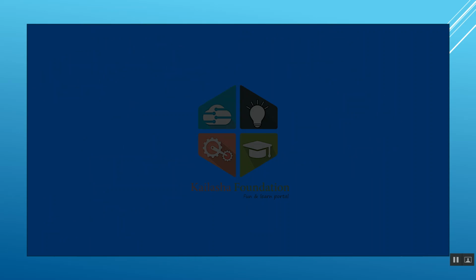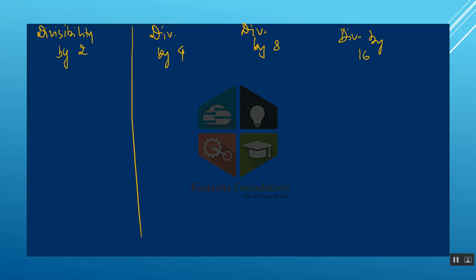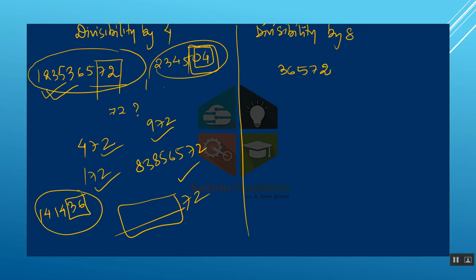Okay, now you'll see something very interesting. Divisibility by 2, divisibility by 4, divisibility by 8, divisibility by 16.